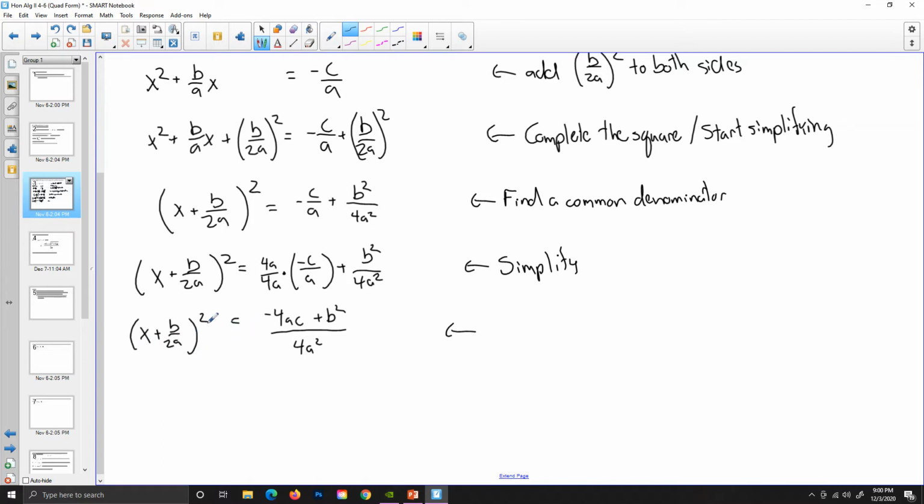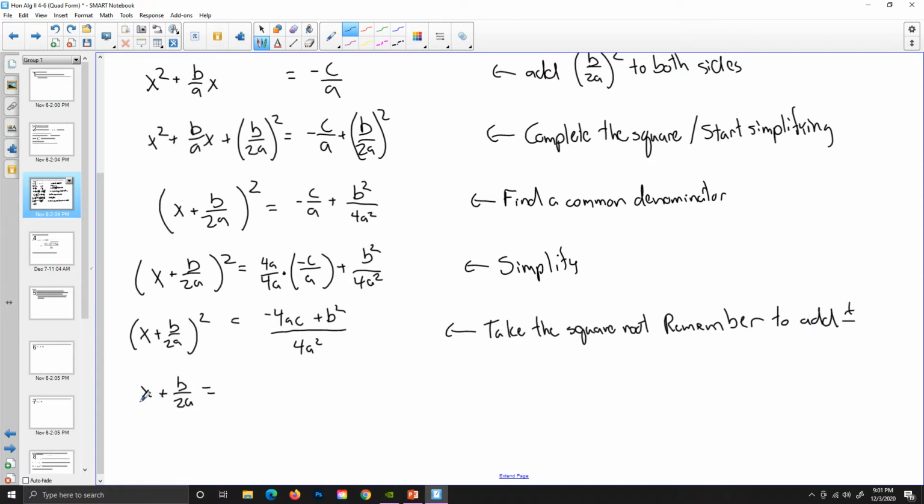So the next thing I have to do is take the square root, and we have to remember to add plus or minus.